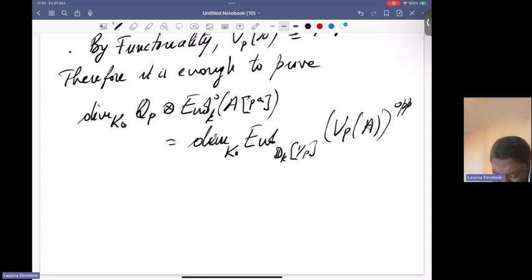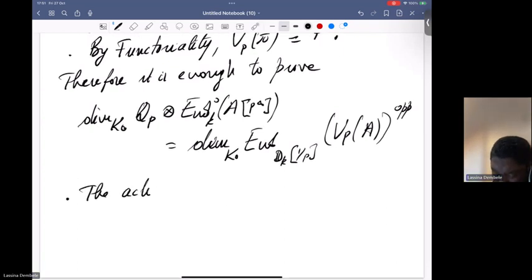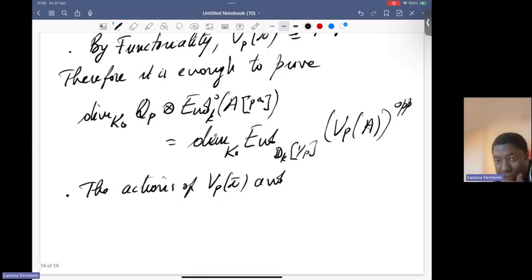Okay, so now all we have to do is prove this. The first thing that we want to observe is that the action of V_p pi and the action of the Dieudonné module, this action commutes.